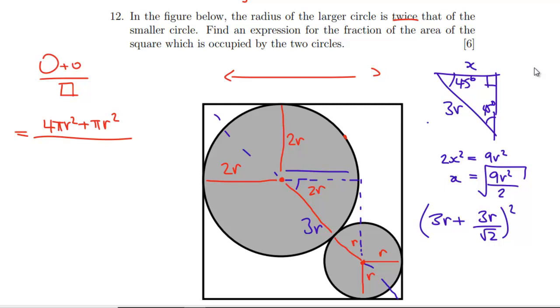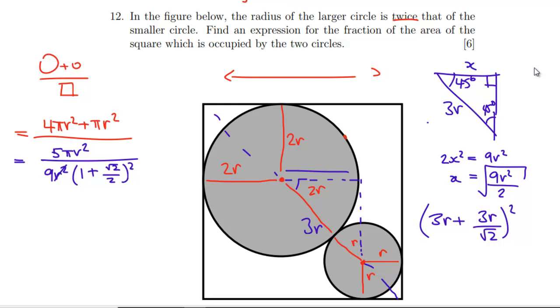So let's take these r's outside. When we stick it all in here, we're going to have 5 pi r squared divided by, well, we can actually take the 3 out. So 3r all squared to give 9r squared, times 1 plus, we take the 3r out, root 2 over 2 all squared.